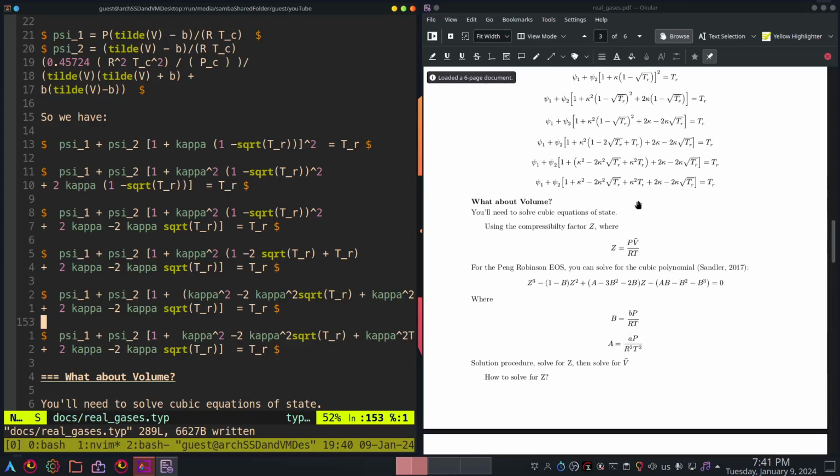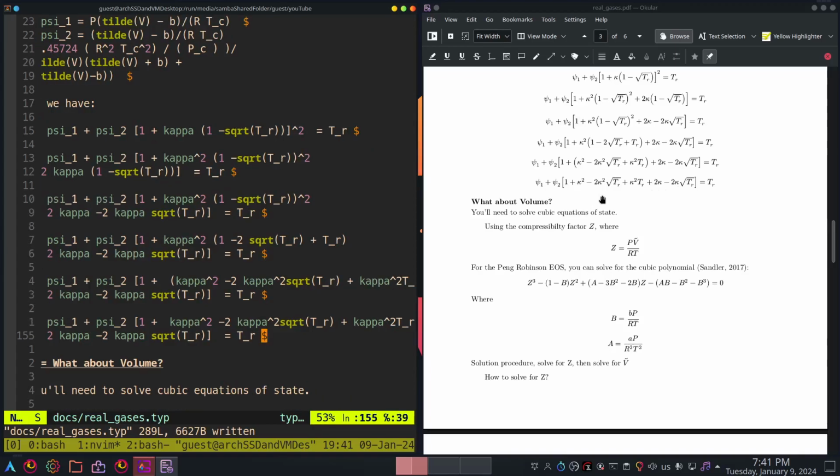We have this mess of terms here that we have to deal with, unfortunately, but let's just do it. Okay, 1 plus kappa square. There's a tr here. So I can group them based on coefficients.